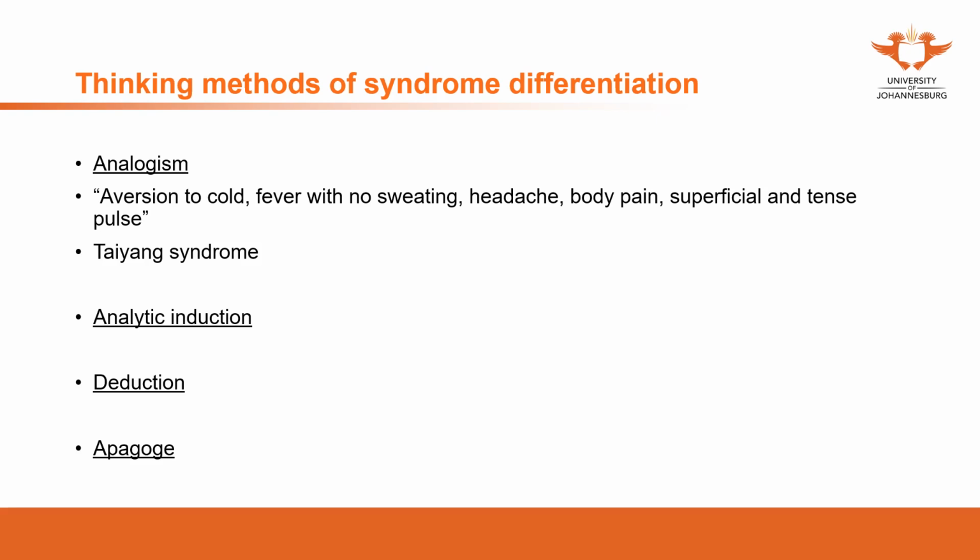I got fever of 38 degrees. I don't sweat. I got a slight headache on top of my head. I got body aches." And then when you feel the pulse, it is very superficial and tense. In this situation, you can diagnose that the patient suffers from a Taiyang syndrome. So that's how to use the differentiation method.